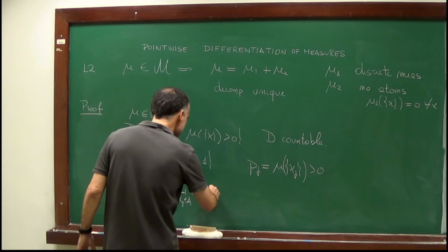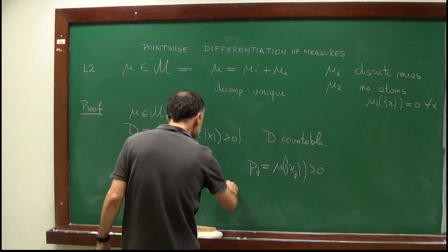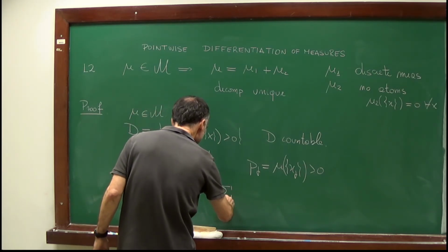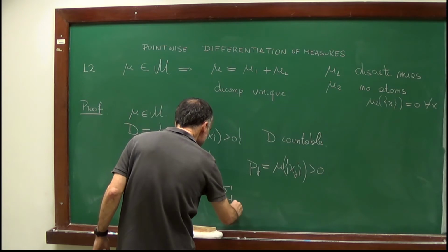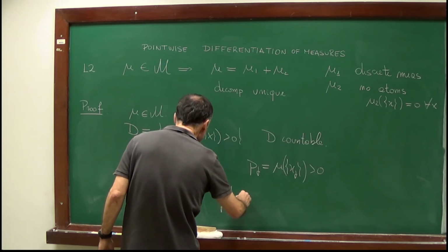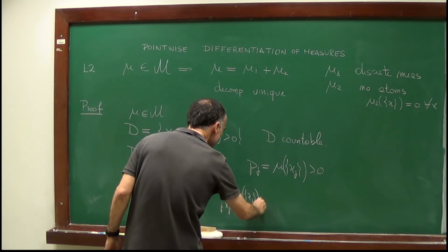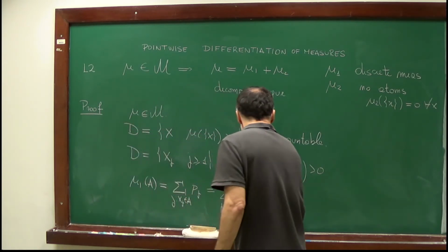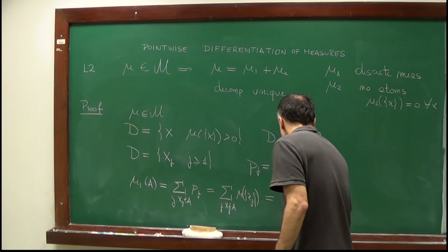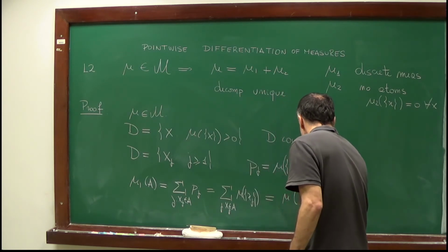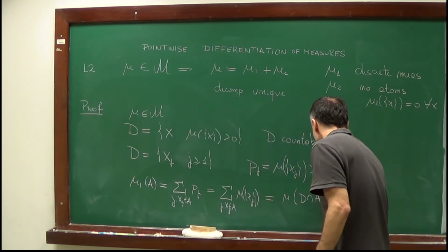But remember, this is the sum over j such that xj belongs to A of mu of xj, and therefore this is mu of D intersection A, right?